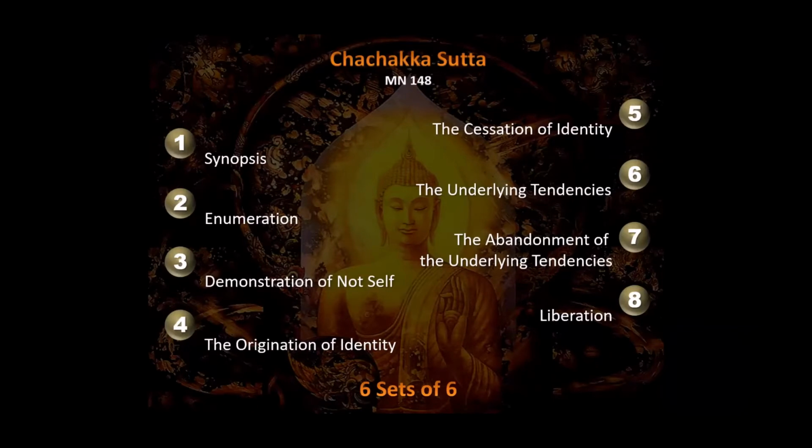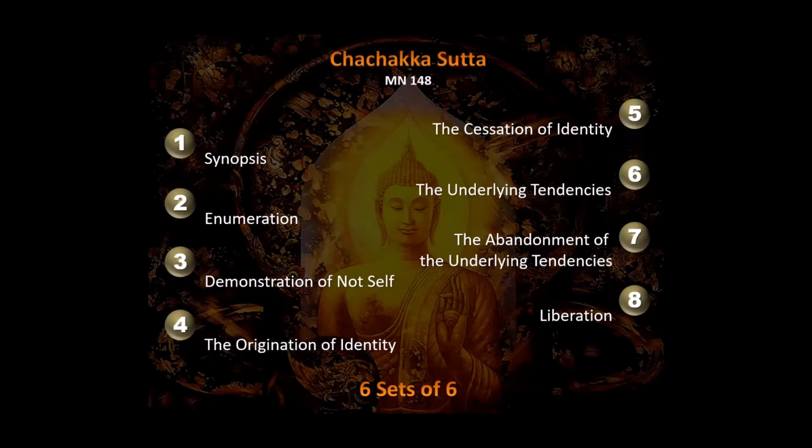It is the same for the Chachakka Sutta. It lists down 6 sets of 6, demonstrates how they do not fit the criteria for self, then shows how, in spite of that, we still have this sense of mind, I, and self.